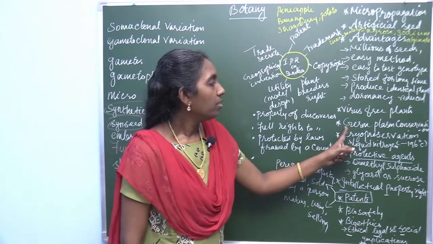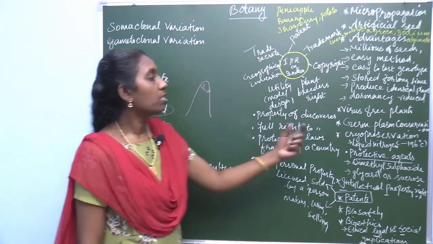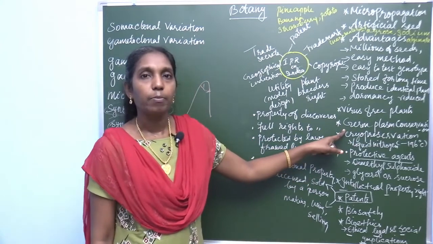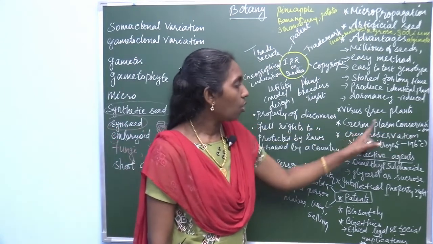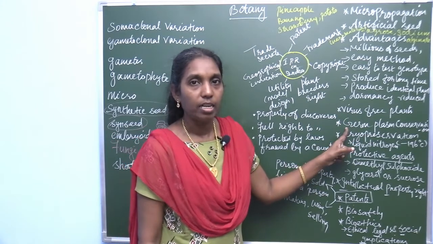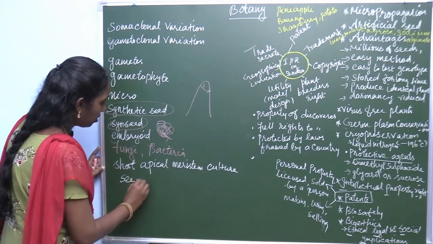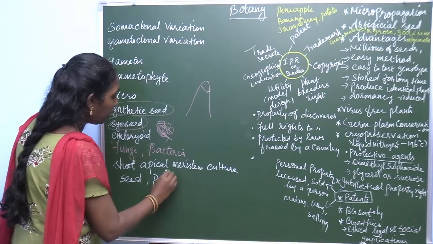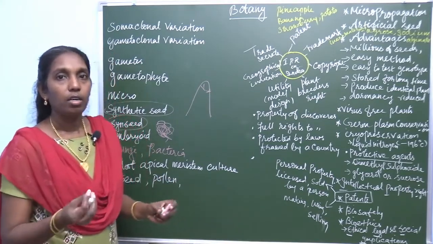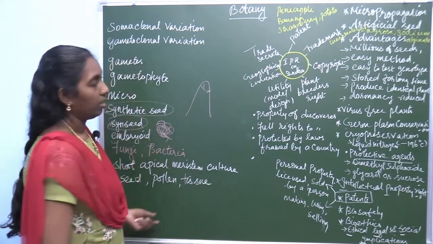Then germ plasm conservation. What is this germ plasm conservation? Germ plasm conservation is a method of conservation of living plant material like seed, pollen, etc. The seed or pollen or tissues or organs.